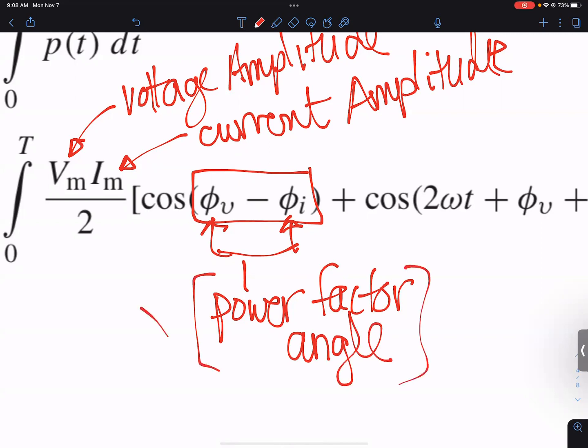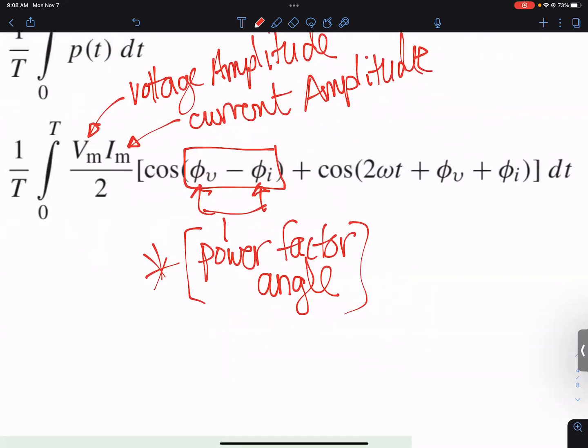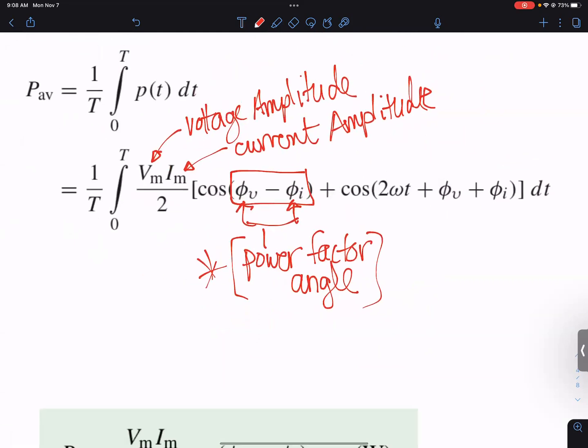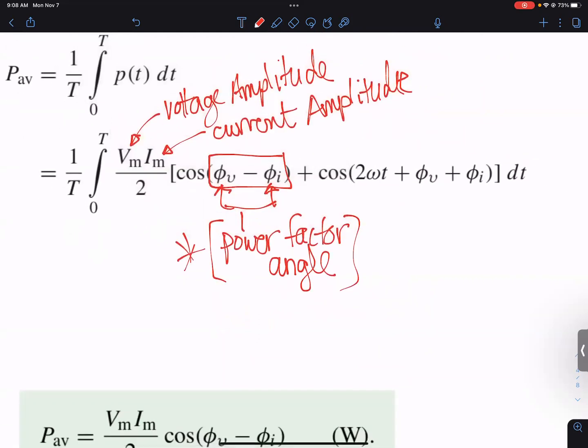That's another term you need to understand, power factor angle. It is the shift of the voltage minus the shift of the current, and that is going to help us determine some information about the average power. So this would be the equation for the average power.